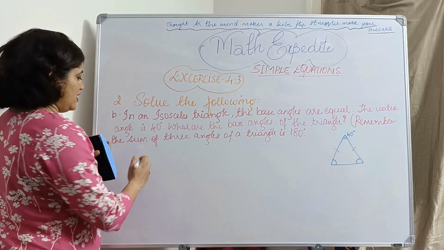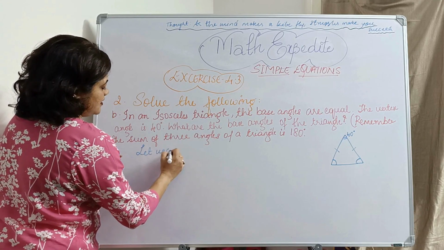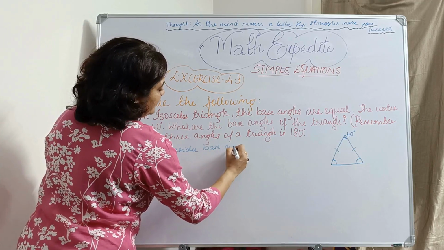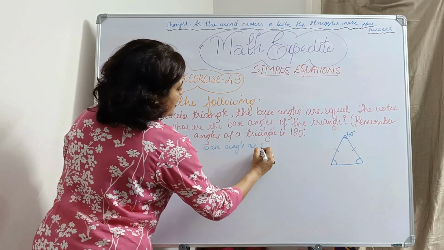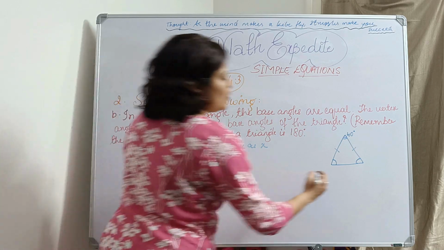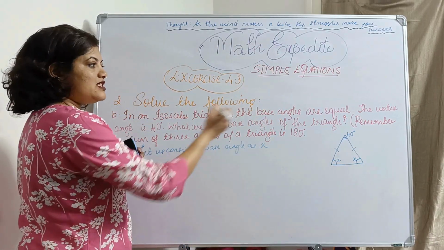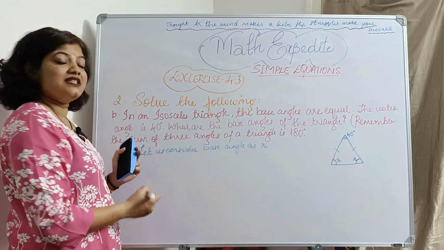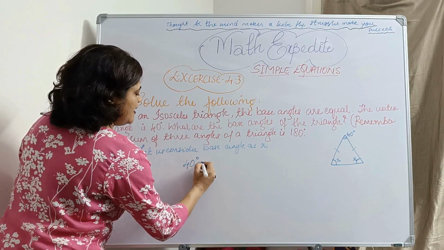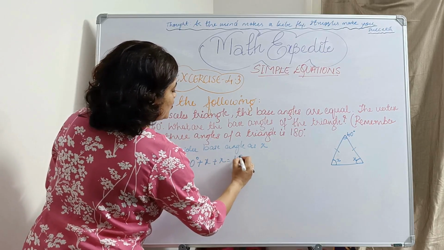So let us consider the base angle as x. They have given both the base angles are equal. So what we can write is x and x here. So let us use the hint. They say the sum of 3 angles of a triangle is 180 degree. So let us write that 40 degree plus x plus x equals 180 degree.